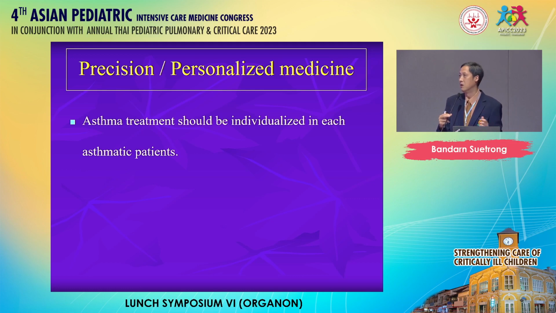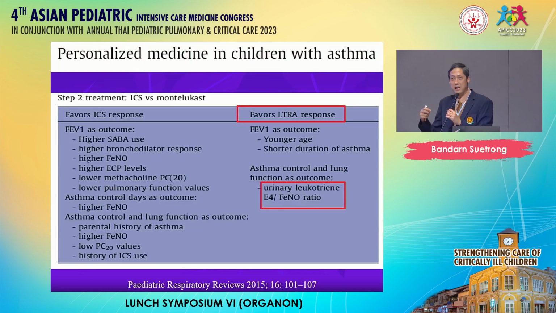So by common sense, we know that steroid cannot completely inhibit the inflammation from the leukotriene pathway. So the ones who have a high level of inflammation from the leukotriene pathway should respond best to anti-leukotriene treatment, right?